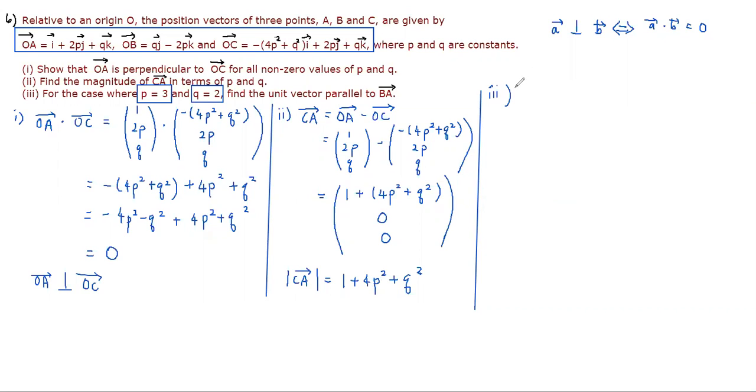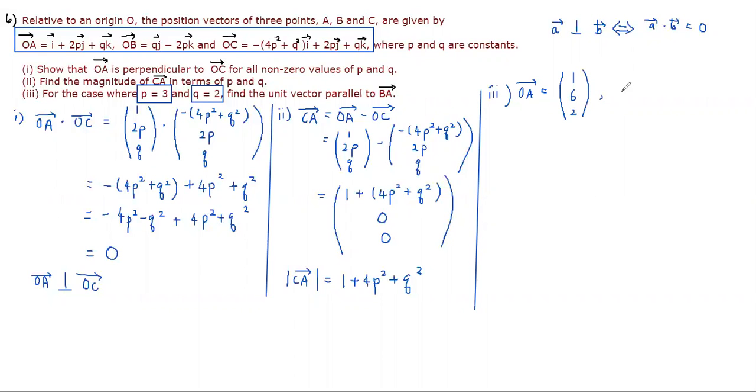It's easier to just substitute first and just work with numbers. So over here, you see that vector OA, when P is 3 and Q is 2, you have component 1. Component of J is 2P, which gives you a 6. Component of K is Q, which is 2.